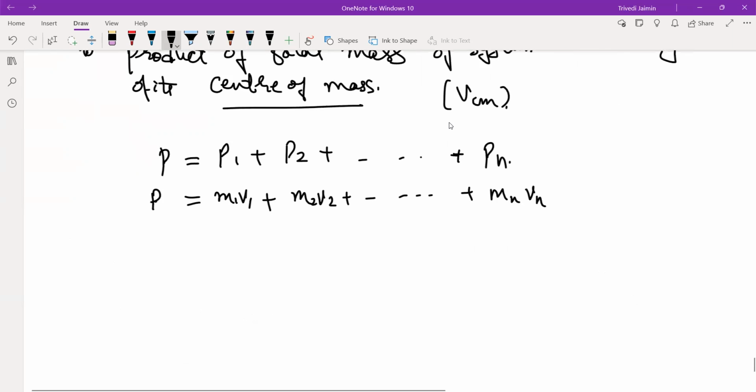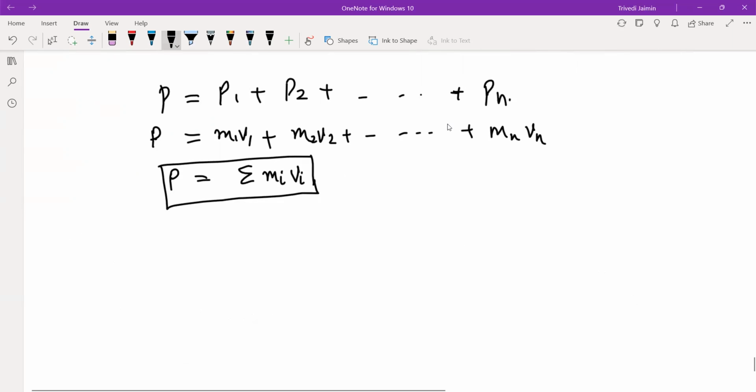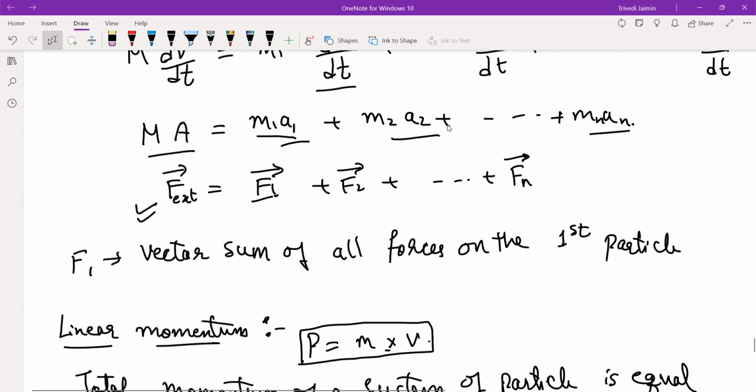So in summation form, P equals summation of Mi Vi. Now for center of mass, the velocity VCM will be, what was VCM?